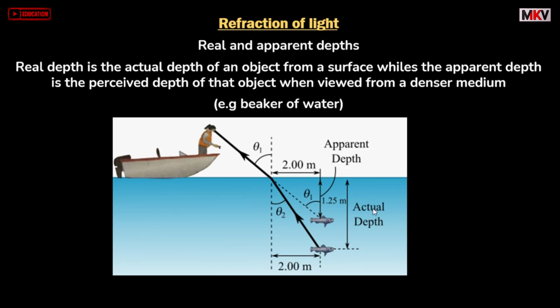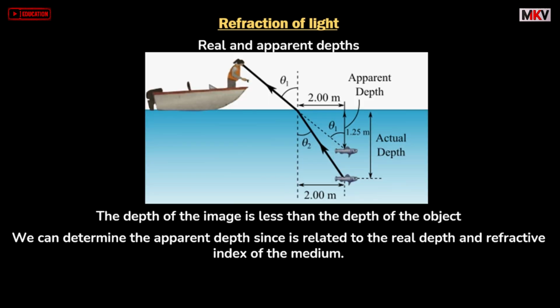There's a relation between these, and some calculations can be made from it. The depth of the image is less than the depth of the object. The object's actual depth is greater than the distance of the image that the fisherman is seeing.